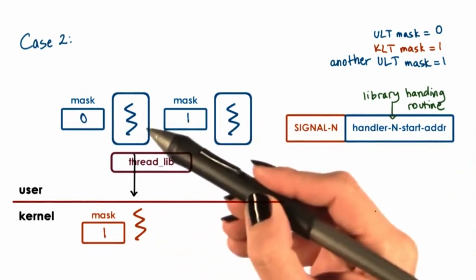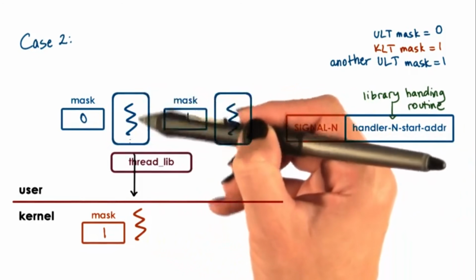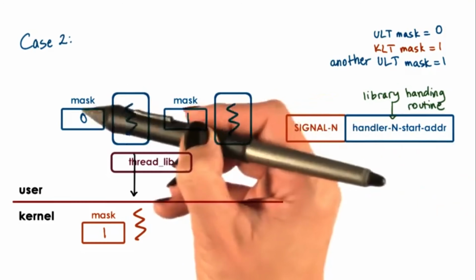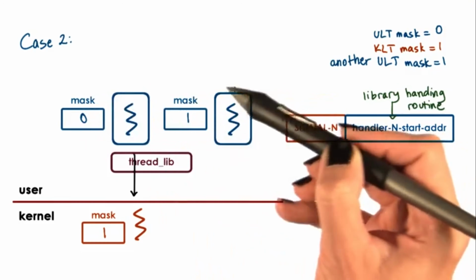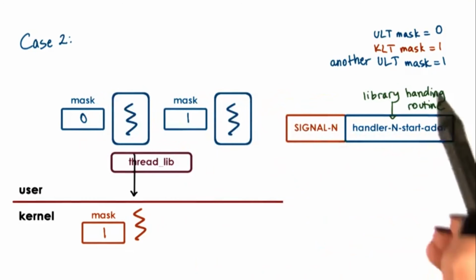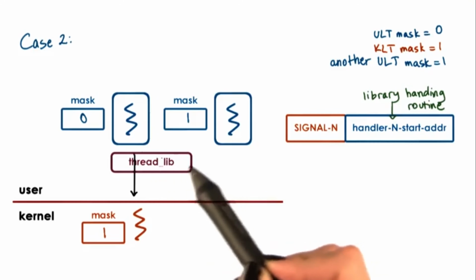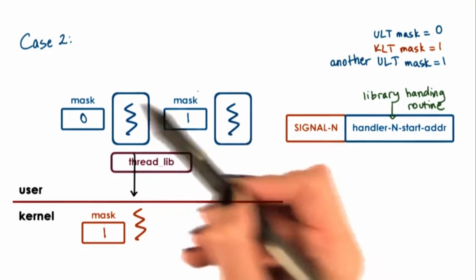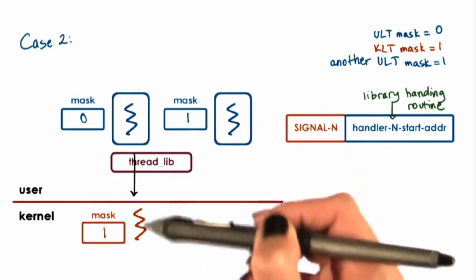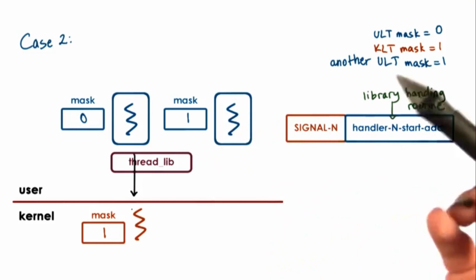If we have a situation like here, where the currently scheduled user level thread cannot handle the signal, but there is another runnable user level thread that can, the library handling routine can invoke the library scheduler and can now make this user level thread running on the kernel level thread, so then the signal can be handled.